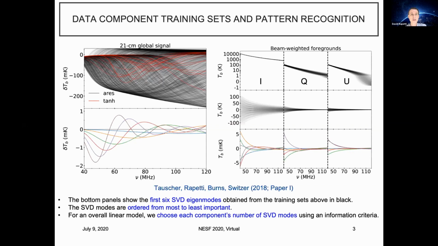We have also a phenomenological model, which is the tanh model. And from that, we can actually extract eigenmodes using the singular value decomposition technique. We can do the same thing for the foreground, for the beam-weighted foreground on the right. And we can see here the different Stokes parameters, since the foreground is anisotropic, we can measure induced polarization and use this induced polarization to distinguish it from the signal, which is isotropic and unpolarized.